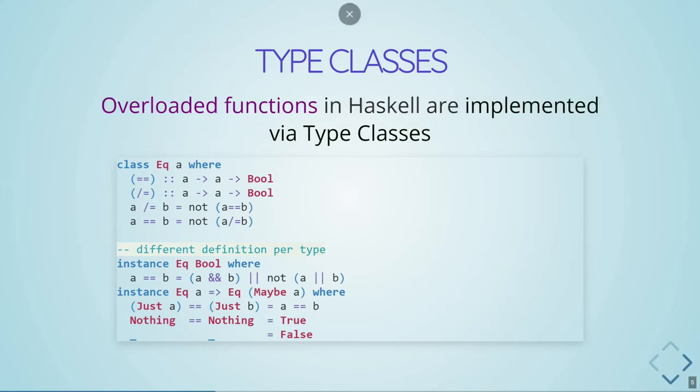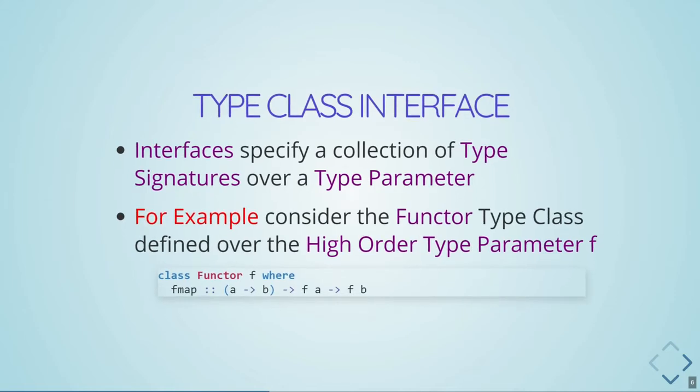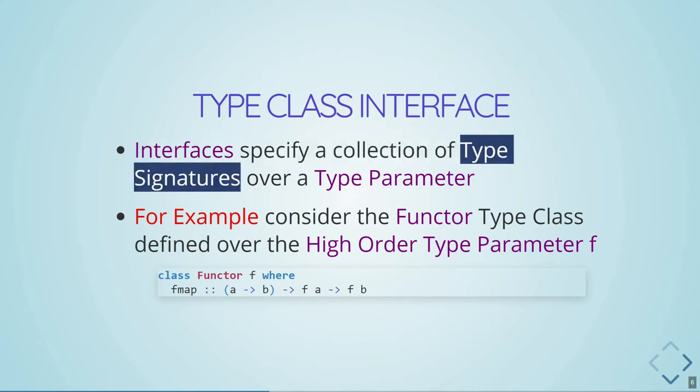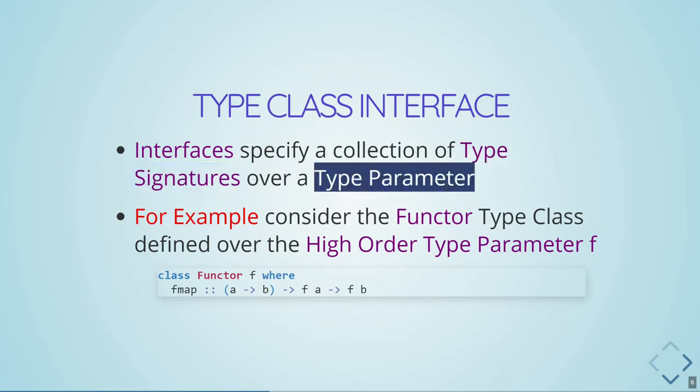So in Haskell, we define overloaded functions through type classes, and there are two elements to type classes. There are the interface definitions and there are the instance definitions. So let's start off with the interfaces. An interface will specify a collection of type signatures. When you write the interface, you only write the type signatures over a type parameter.